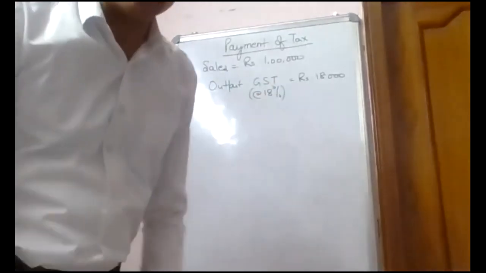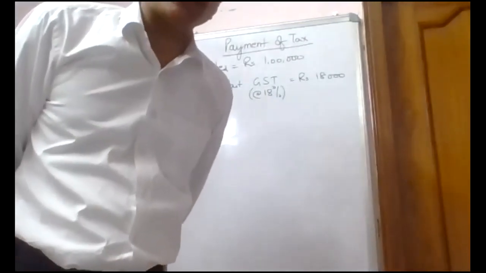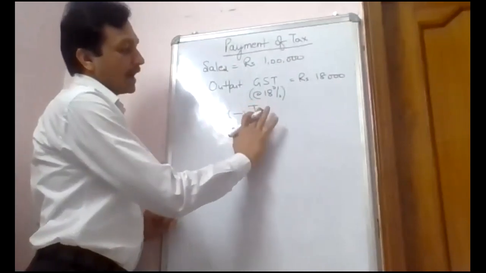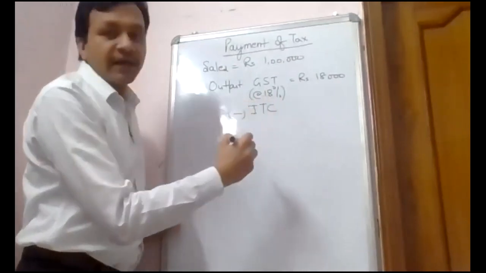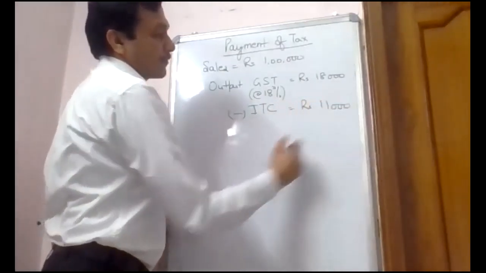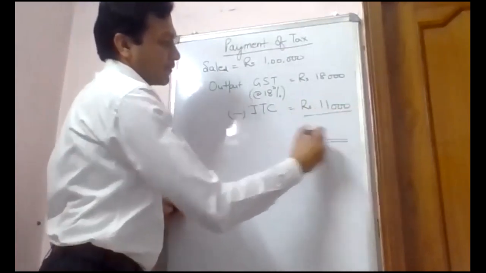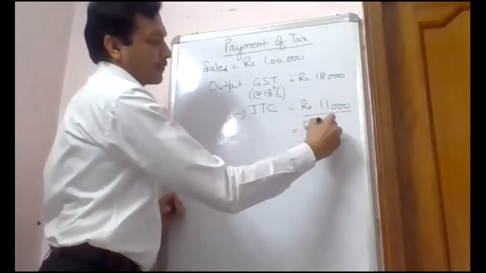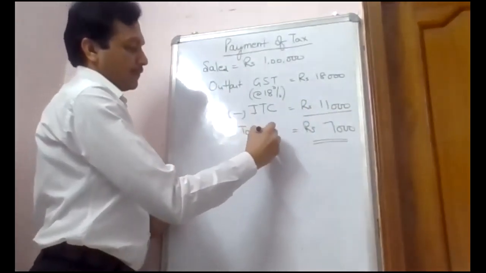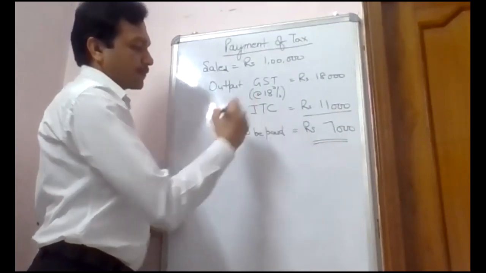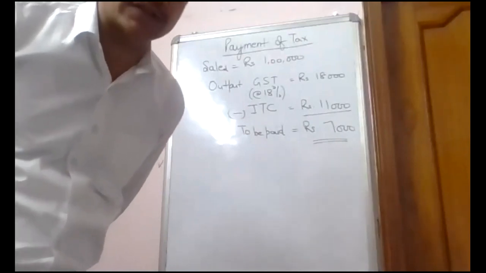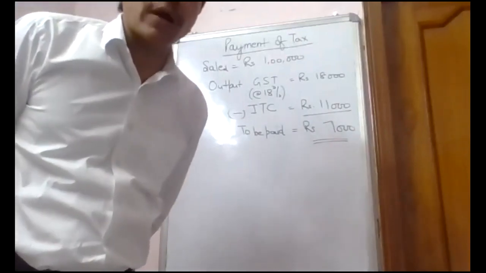Now, how can you pay this? Assuming that I have input tax credit of 11,000, what will I do? Less ITC. And 7,000 I have to pay now through cash, banking transaction, or by any mode. This is how I pay the tax.